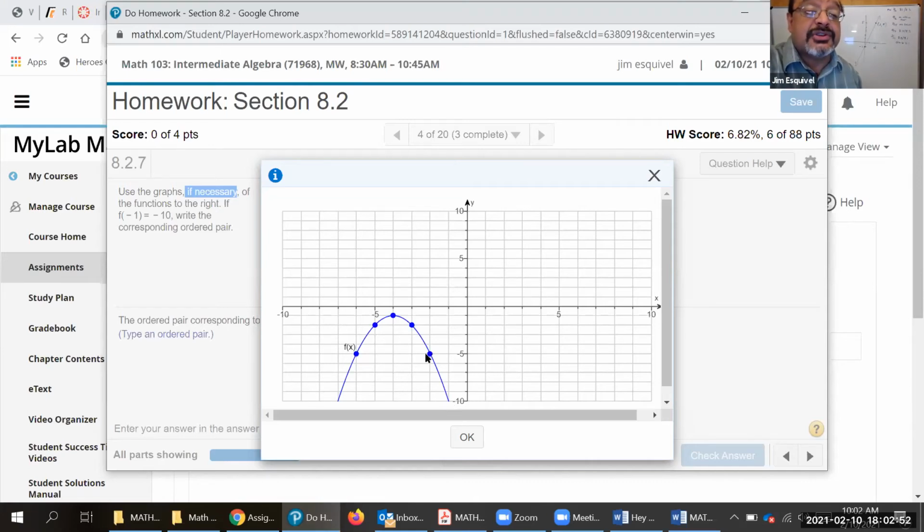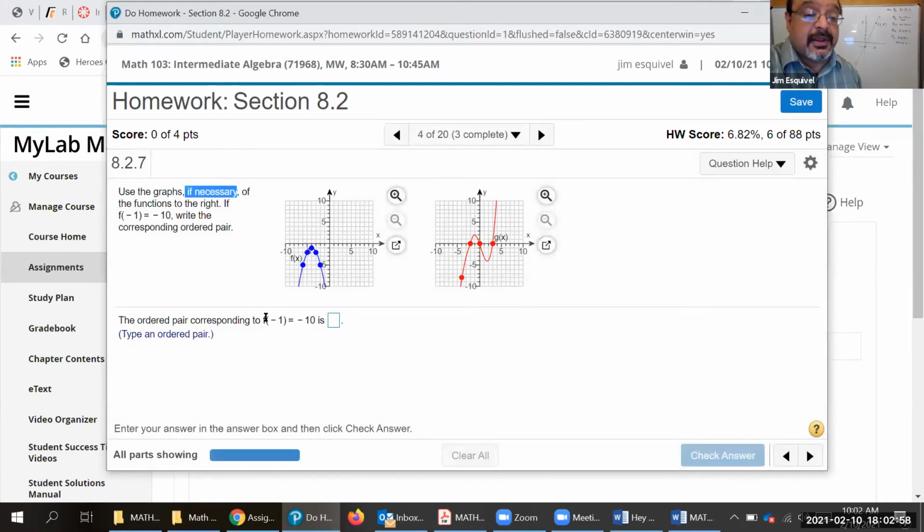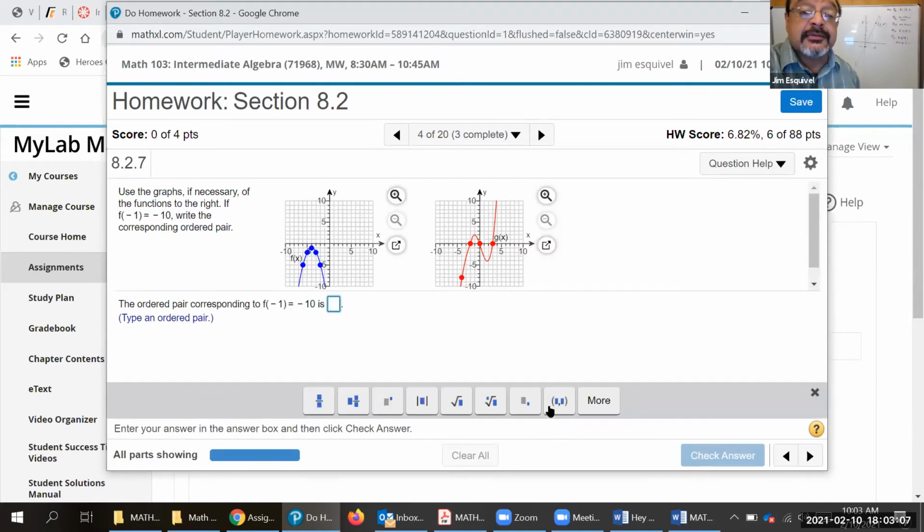You can only be certain if you have one of these dots there, one of those points. But how do I know for sure? Because if they tell me f of -1 equals -10, then the ordered pair is -1 for x and -10 for y.